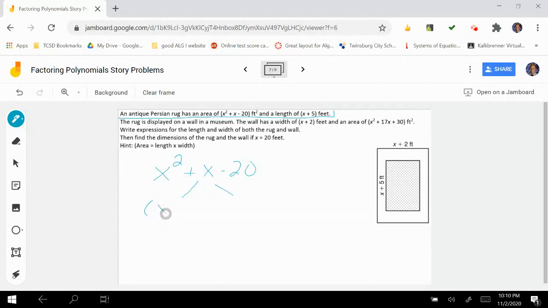We said it's x plus 5. So how do you go from x times what gets you x squared? X. And if this is positive 5, how do you get negative 20 divided by 5 is negative 4. So we just found out if this is the length, this is the width.